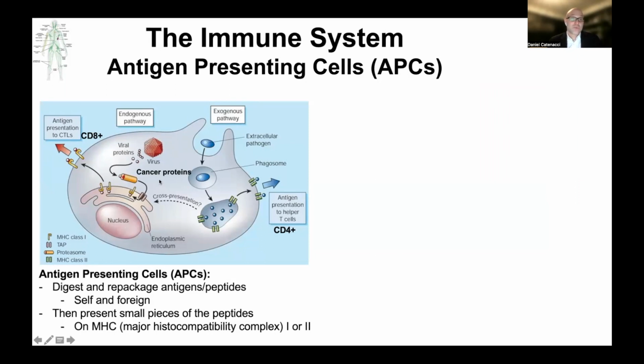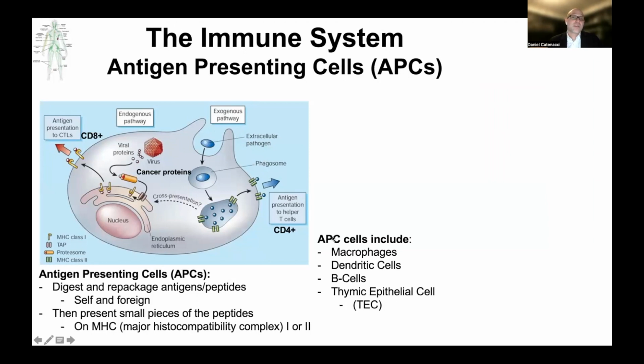Similarly, cancer cells, which have become abnormal and have neoantigens, neoepitopes that I just mentioned in the previous slide, will also get digested and expressed on the surface. And so this mechanism is a way antigen presenting cells present through MHC Class 1. So all cells do MHC Class 1, and specific, or what are called professional antigen presenting cells, take external components inwards and express them on MHC Class 2.